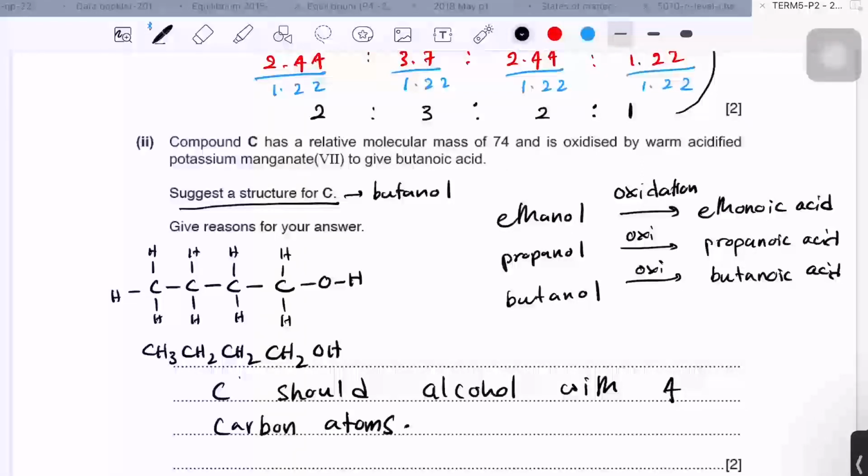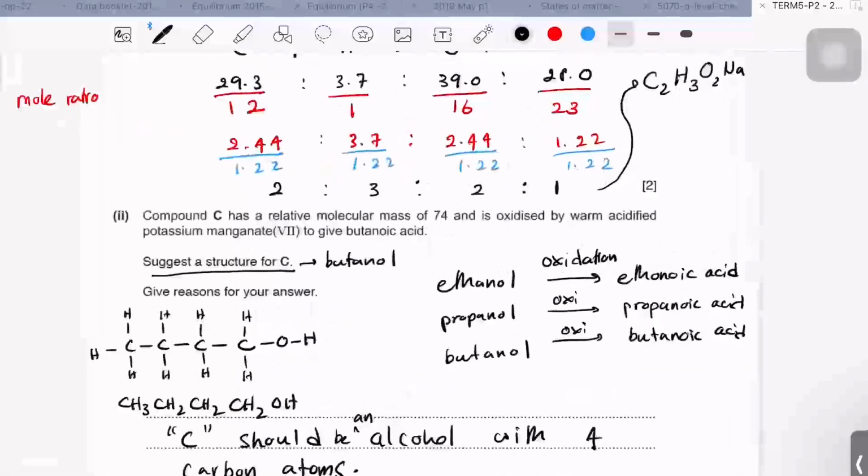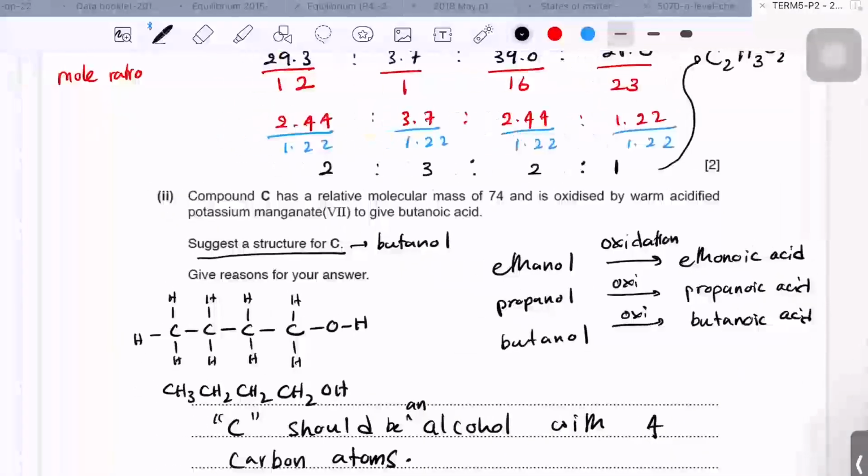So compound C should be an alcohol with 4 carbon atoms. Right, you can go to the next page. For the structure you get 1 mark, for the explanation you get 1 mark. 2 marks in the question.